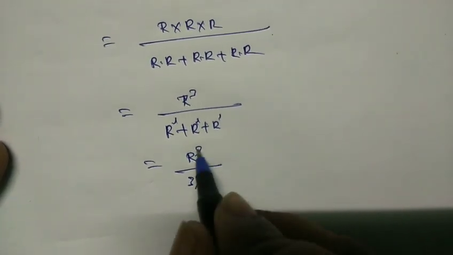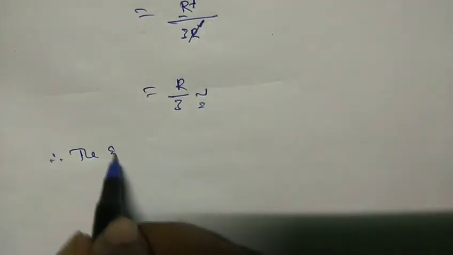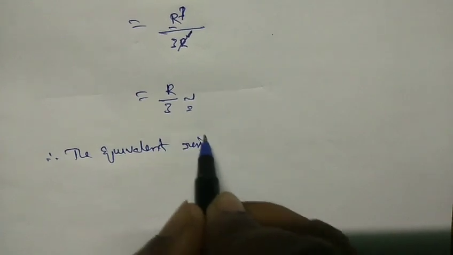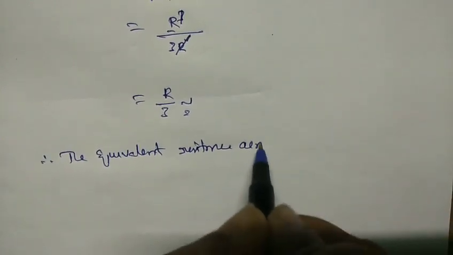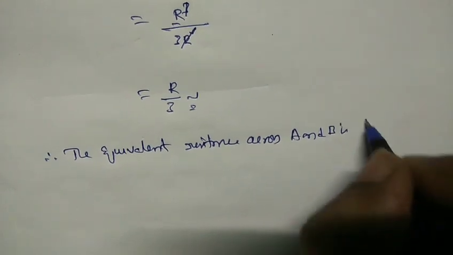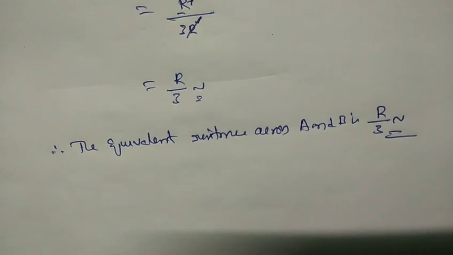So the R square cancels with the cube, leaving R. That is equal to R by 3 ohms. Therefore the equivalent resistance across A and B is R by 3 ohms. Clear?